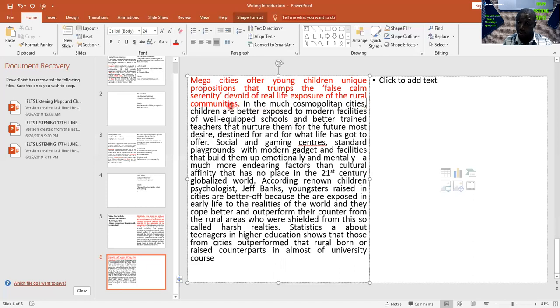Children are better exposed to modern facilities of well-equipped schools and better trained teachers that nurture them for the future most desired, and are destined for what life has got to offer.